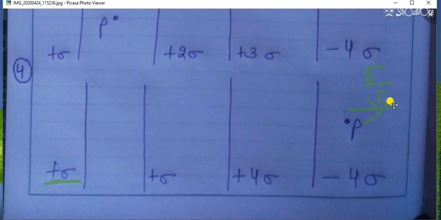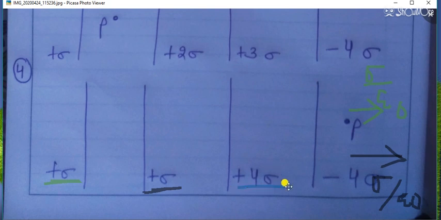Then due to this positive, the electric field will be in this direction and its magnitude is same as earlier, sigma by epsilon naught. Then you can see due to this positive, the electric field at point P will be in this direction and its magnitude is 4 sigma by epsilon naught.